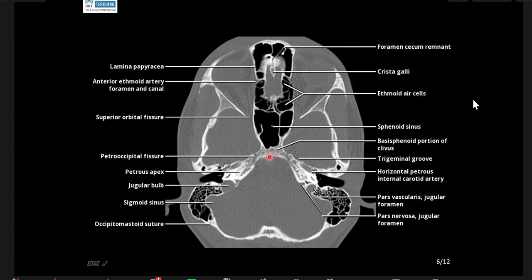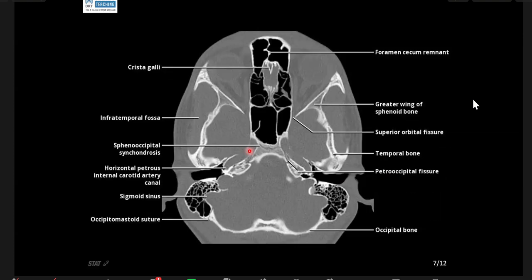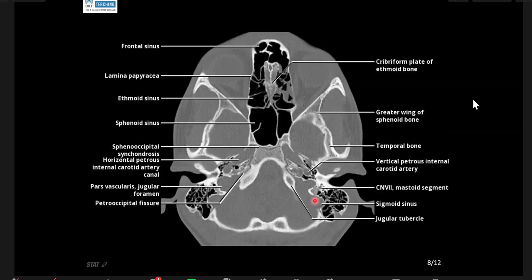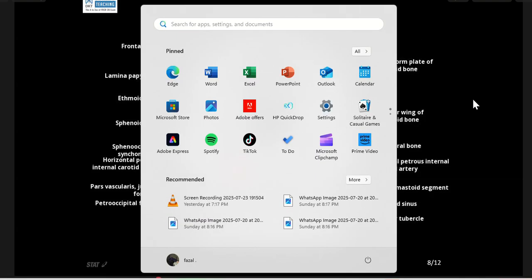As we go further inferiorly, we can see the jugular foramen coming into view. We can see the carotid canal, and the jugular foramen. As we go more inferiorly, the clivus is there, the jugular foramen is here. This is a portion of the petrous temporal bone still visible.